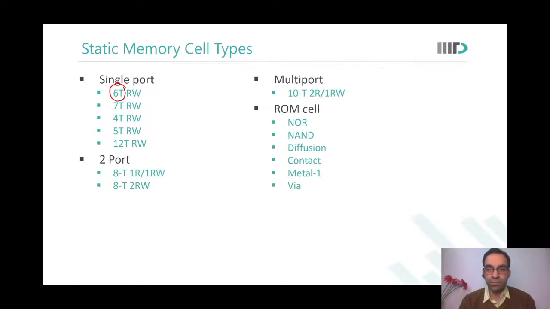Yes, sir. So if I say that the programming is to be done at the diffusion level, then I have to wait for the customer to give me his or her program, and only then I will be able to do the diffusion layer in the first place. Whereas if the programming is at the via1 level, then I know that the memory is exactly the same up till metal 1.